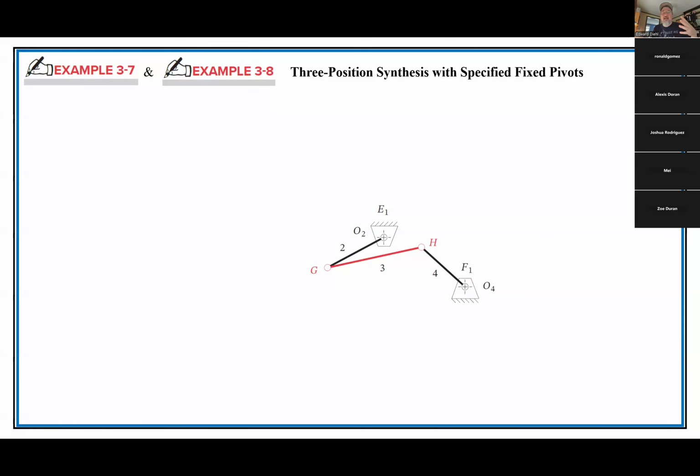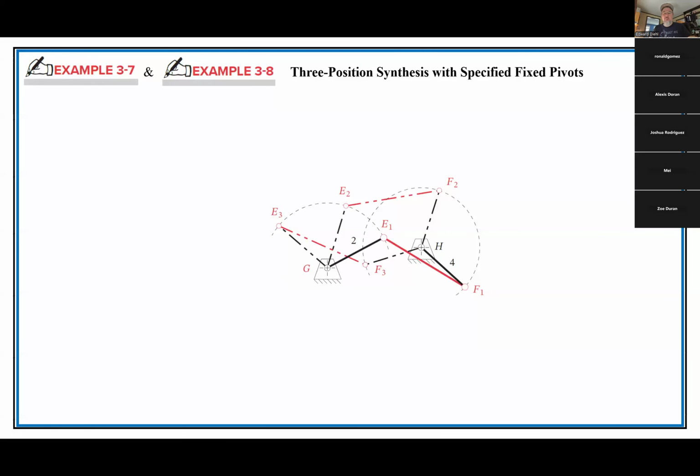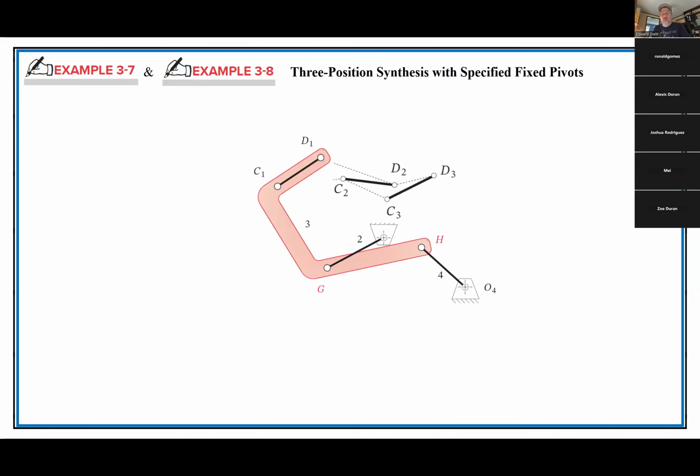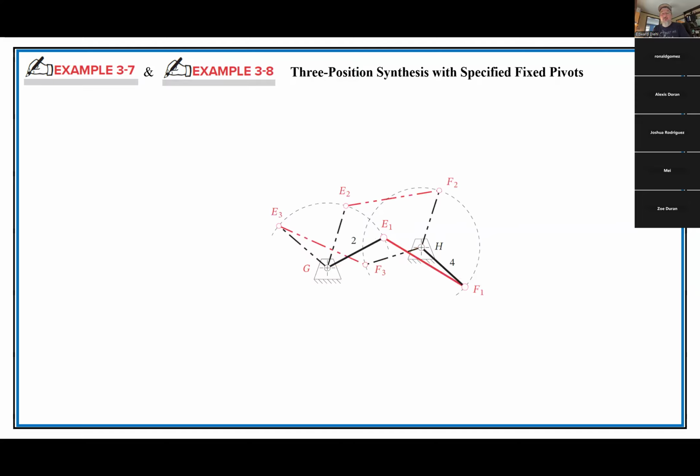Right. So here's that mechanism that we have right there. Oh no, actually, we've inverted it, right? Instead of being E1 to F1, we've turned that into the ground. So this was the new mechanism that served no purpose at all, but we're like, okay, wait a minute.